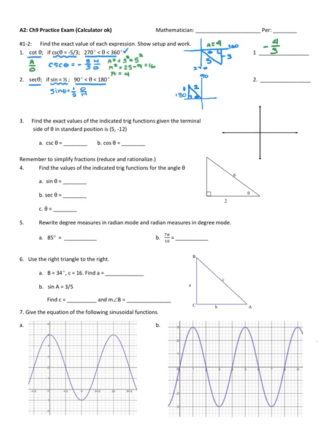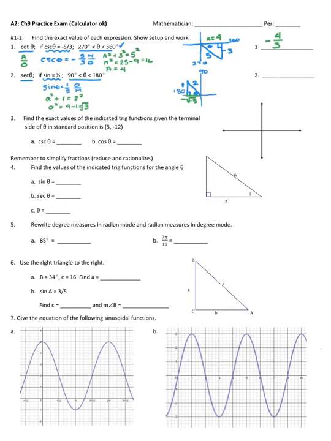This one's a little tricky because I'm going to have my adjacent squared plus 1 equals 2 squared. The adjacent squared equals 4 minus 1, which is 3. So this is going to be square root of 3, but it's negative because in that quadrant, x is a negative value. That won't come out in the Pythagorean theorem. You just have to know where things are positive and negative in what quadrant.